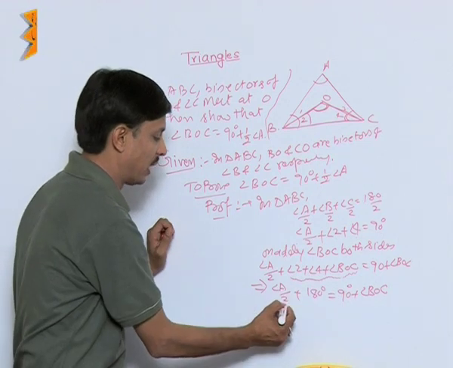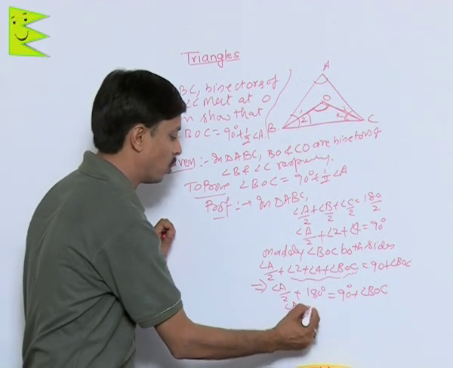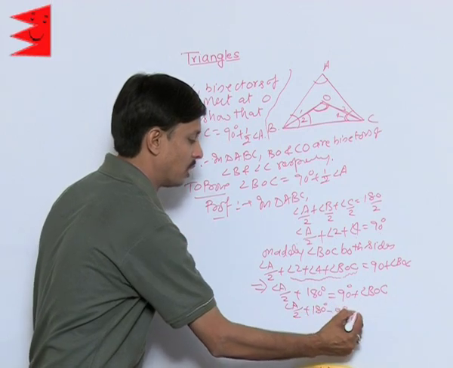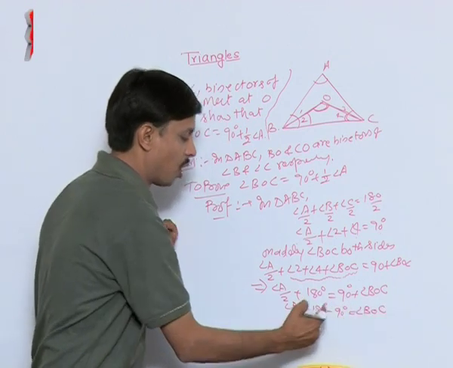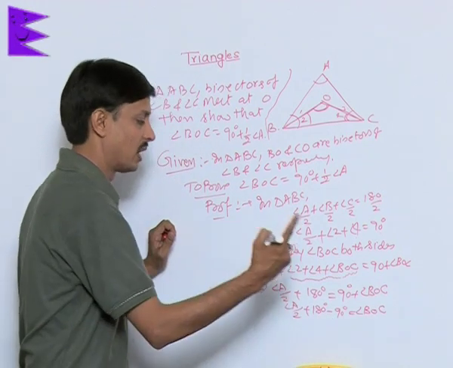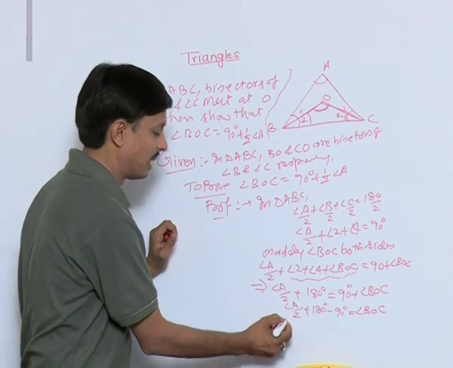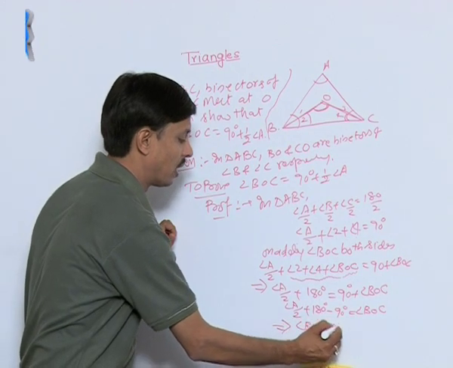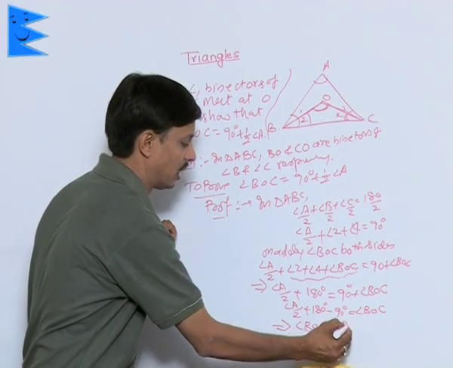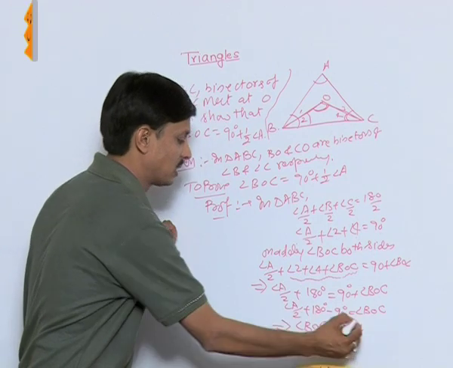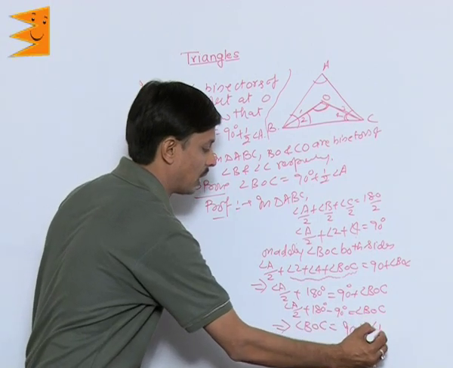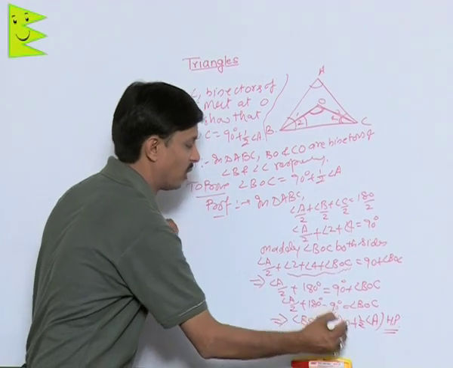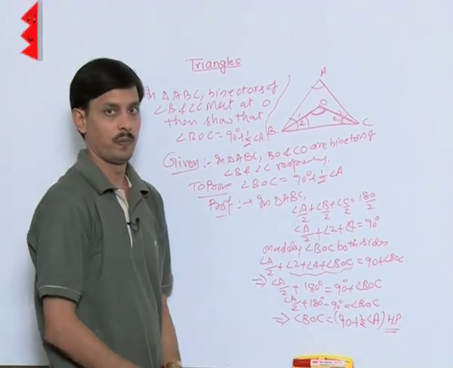So I can say angle A by 2 plus 180 minus 90 degree is equal to angle BOC. 180 minus 90 becomes 90 plus A by 2. So what does this imply? That the value of angle BOC is 90 plus half of angle A, which is the required proof.